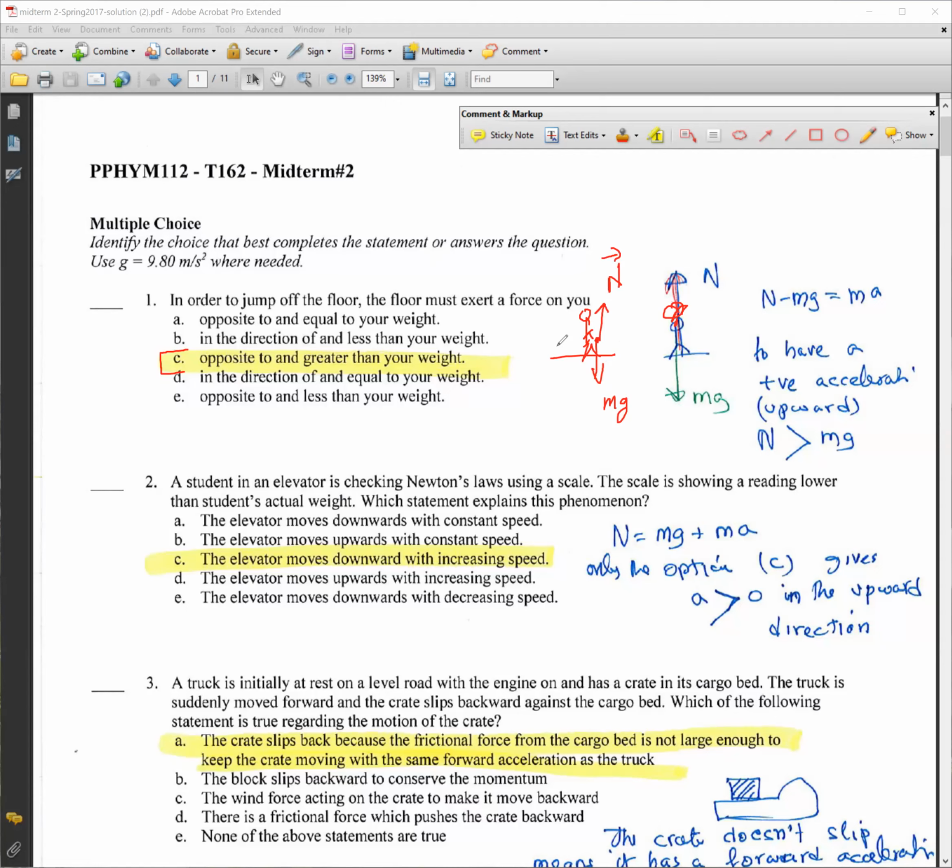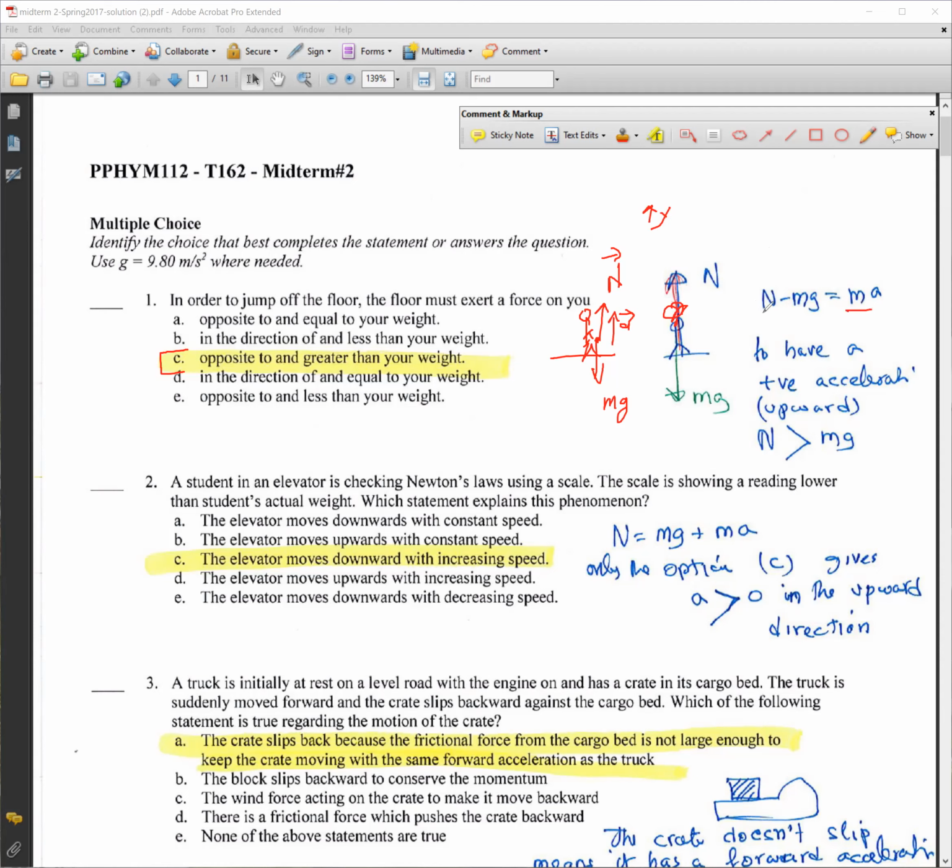Now, for you to jump upward, of course, you need to accelerate upward. So, according to Newton's second law, if we're taking the positive y direction pointing up, the net force along y will be equal to mass times acceleration.